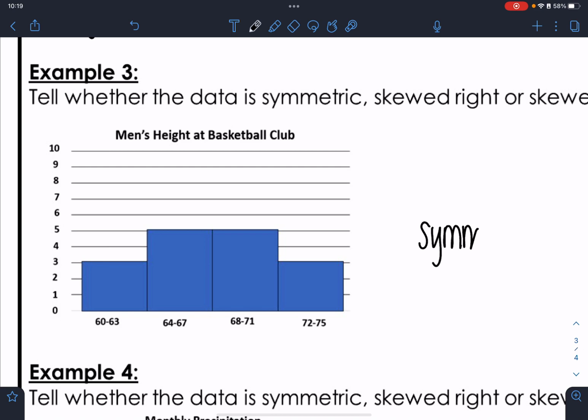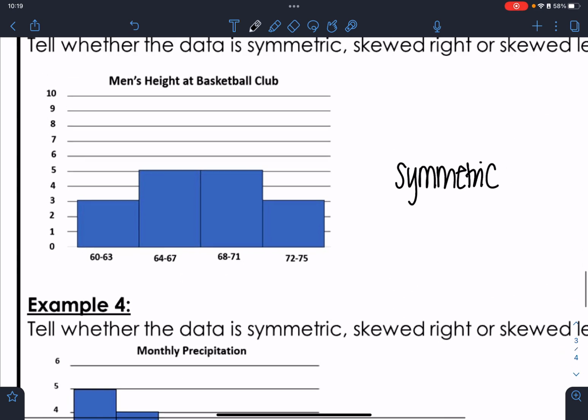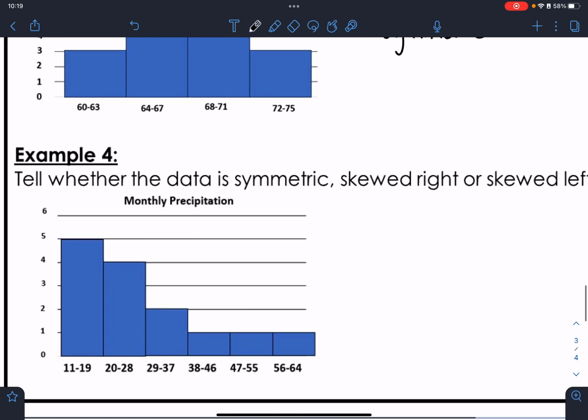Good. That's our exact example of what we just did for the basketball. And then, like I said, here's our monthly precipitation graphed out. I said that was skewed right because there's less data on the right. Okay, so we'll stop there for today. And let me pause this.